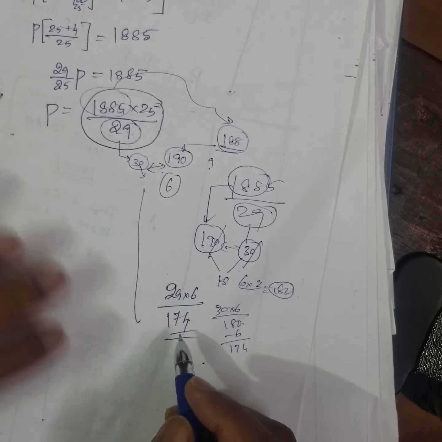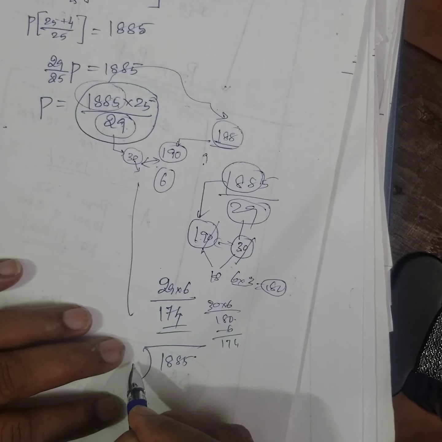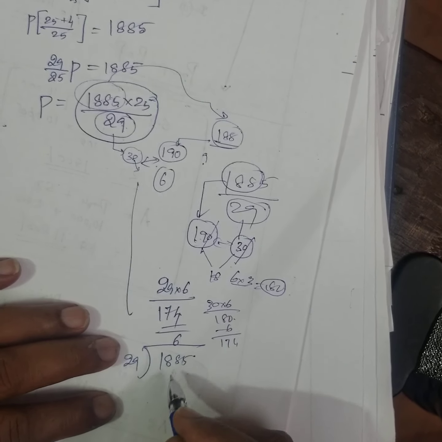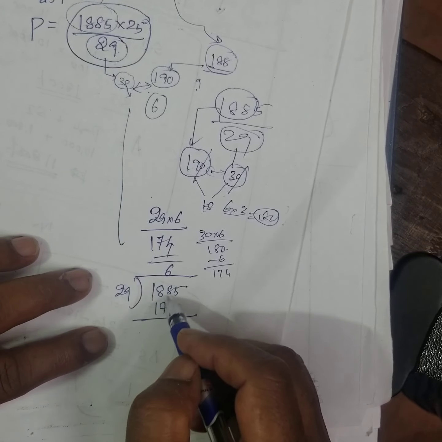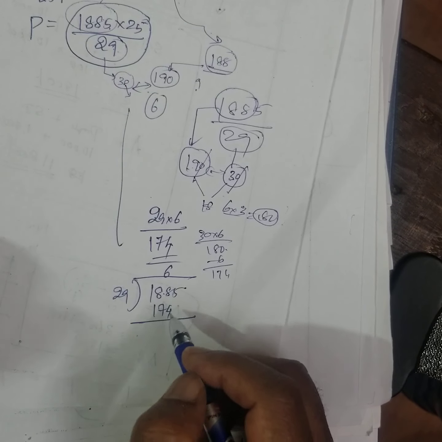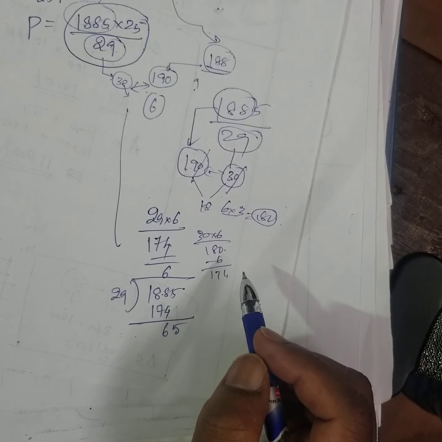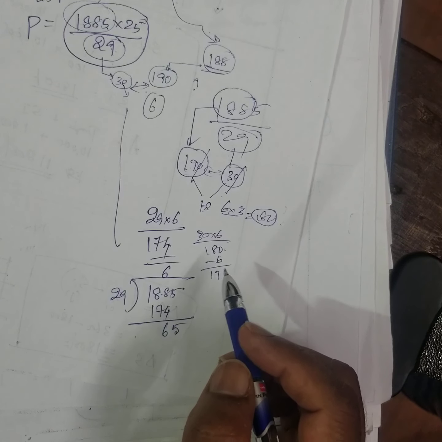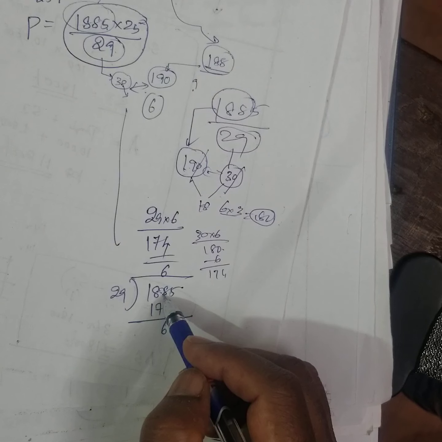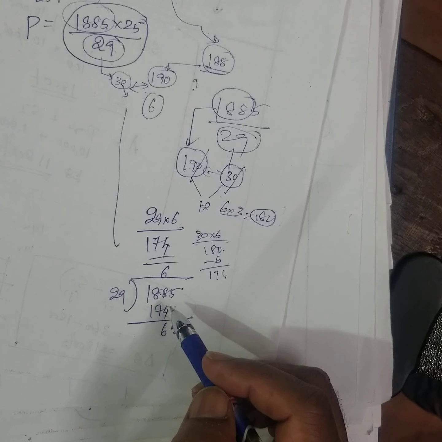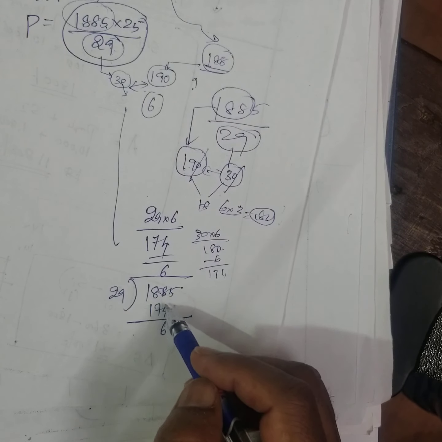Therefore, 1885, 29, 6 times is 174. If you subtract, how much? 14 minus 8 is equal to 65. Sorry, this is 8.